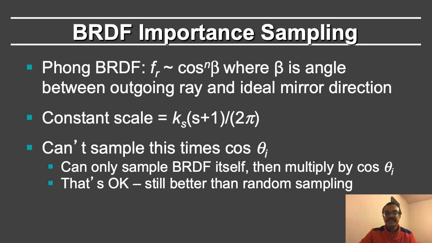Typically, there is a constant scale factor associated, and in this homework assignment also you have that, so it normalizes correctly. You typically cannot sample this thing times cosine theta in. You can only sample the BRDF itself and multiply by cosine theta in. But that's okay because it's still better than uniform random sampling.